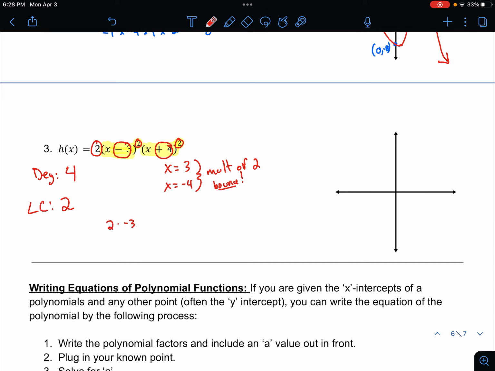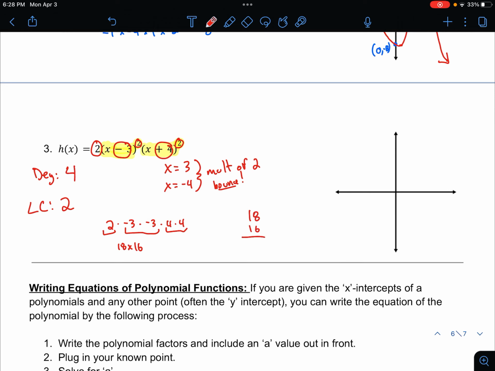So 2 times -3 times -3 times 4 times 4. 4 times 4 is 16, 3 times 3 is 9, 2 times 9 is 18, 18 times 16, 18 times 10 is 180. It's not going to be so easy.